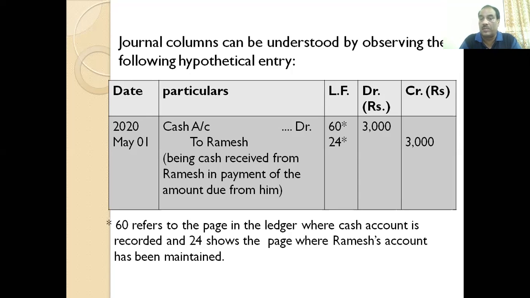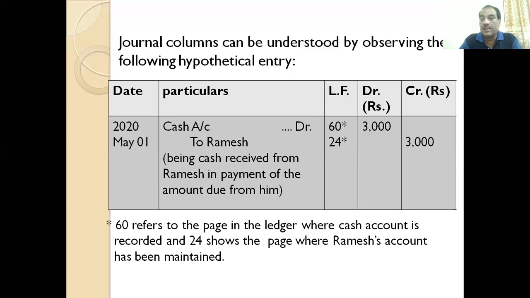The money from Ramesh goes to the cash account after the payment made by Ramesh. So that cash account is to be debited. And rupees 3,000 has gone from the hand of Ramesh to the cash account. So Ramesh is a payer, Ramesh is a giver, so his account is to be credited.